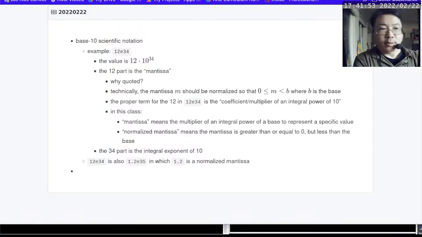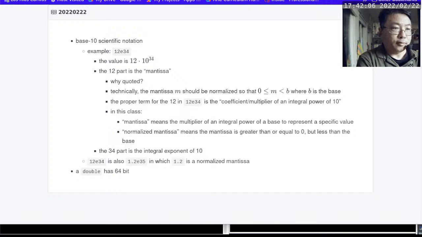Let me talk about this. A double, and I'm going to use the formatted double here because we're referring to the type double, has 64 bits, and we're going to call these digits D_0 to D_63.